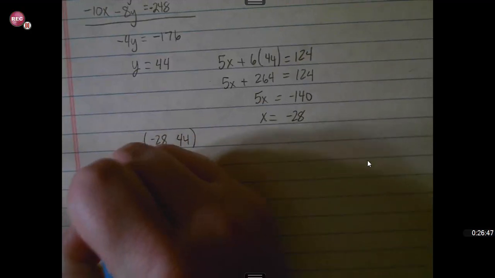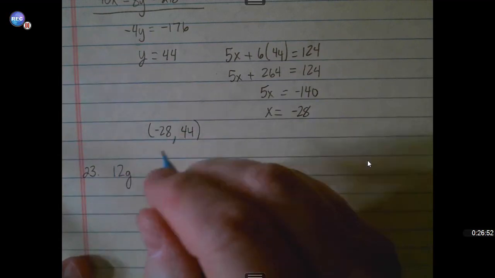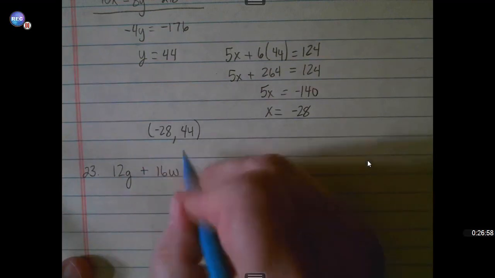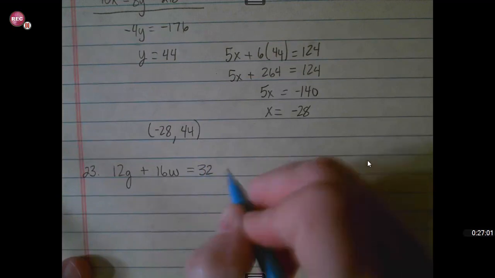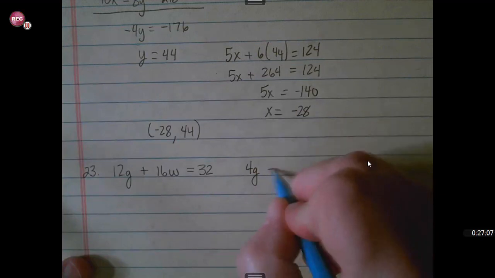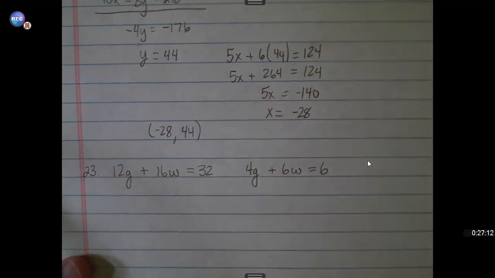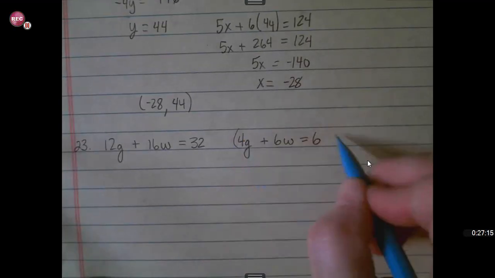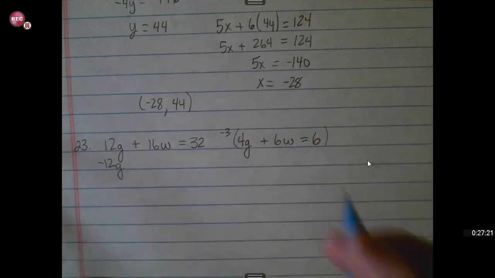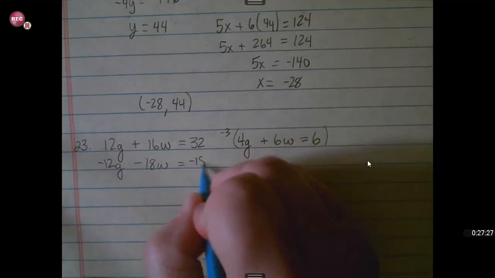23. 12 granola bars, 12G, and 16 bottles of water, plus 16W, equals 32. 4 granola bars, 4G, and 6 bottles of water equals 6. Okay? Holy cow. I'm going to multiply this by -3. And I'm going to get negative 12G minus 18W equals negative 18.